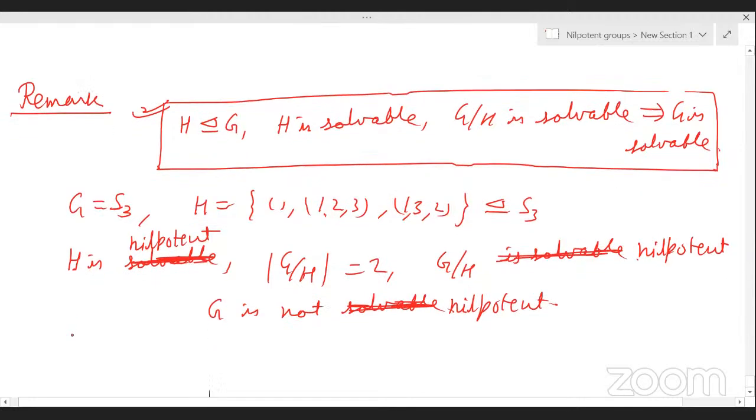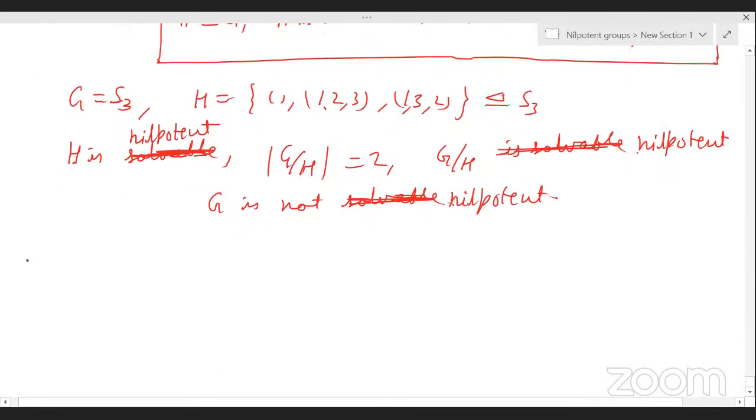There is another result which is true for nilpotent groups, and that is a proposition, or you may say a theorem by P. Hall. P. Hall was a mathematician, and this is called the P. Hall criteria for nilpotence.